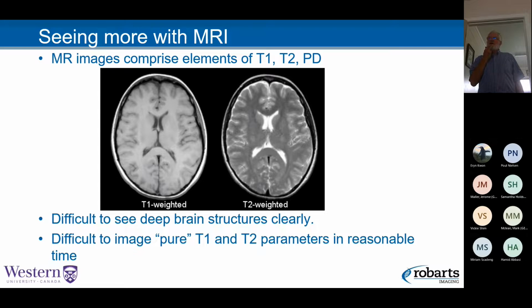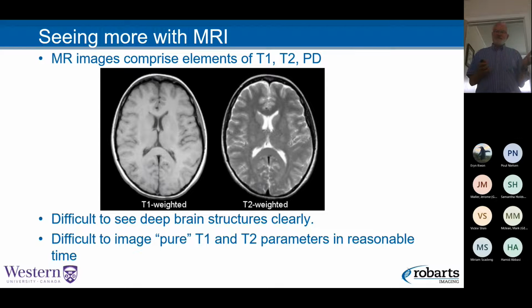So one of the things that we got involved with quite a number of years ago now was trying to see more with MRI. We know that MRI images comprise elements of T1 and T2 and proton density. But even with T1 weighted, T2 weighted, and proton density weighted images, it's very difficult to see these deep brain structures clearly.